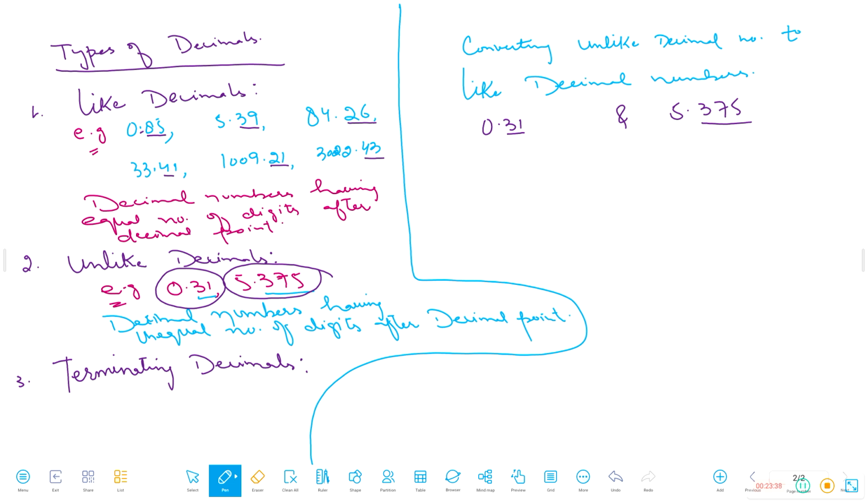Now in the two numbers, maximum number of digits in the decimal part is 3. So I will try to convert 2 digit into 3 digit. Now here I will convert this. How? It's very simple. 0.31 it was. Now putting the 0 on the extreme right side of the decimal, it hardly matters. It will not make any difference.